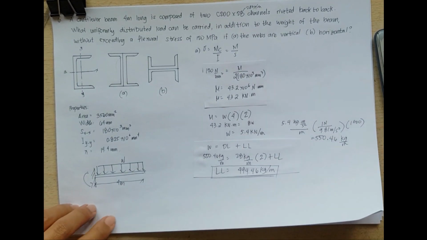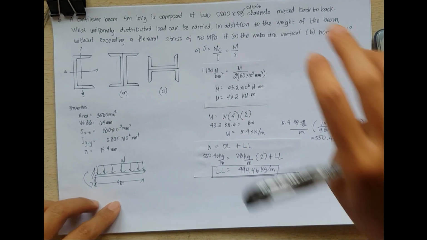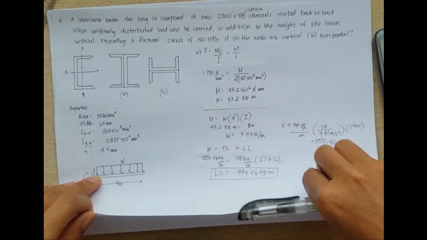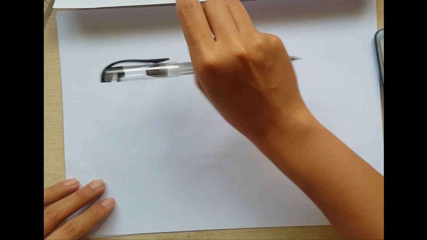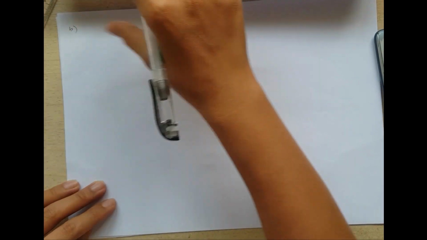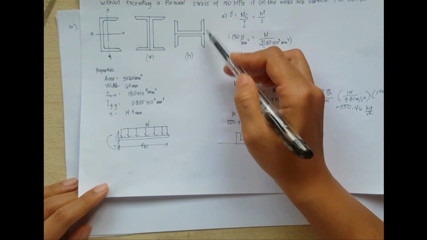And for letter B, if the webs are horizontal. So, for letter B, if the webs are horizontal, so ito yung illustration.